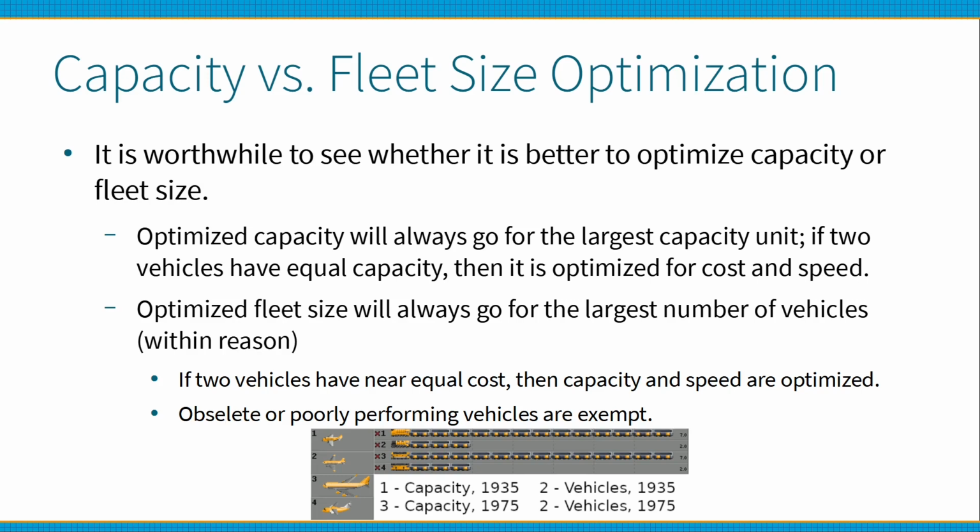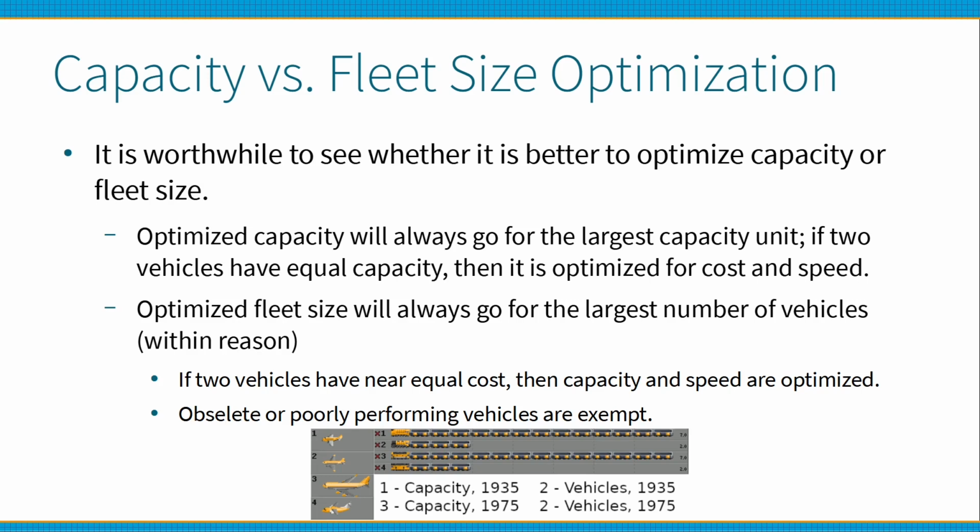And then if we have a little bit of leeway, we'll optimize for cost and speed. Fleet size, on the other hand, we'll try to use smaller vehicles. And in this case, we'll try to get near equal cost with them, and we'll optimize secondarily for capacity and speed.